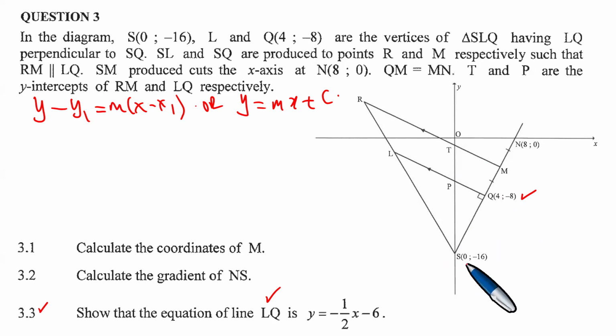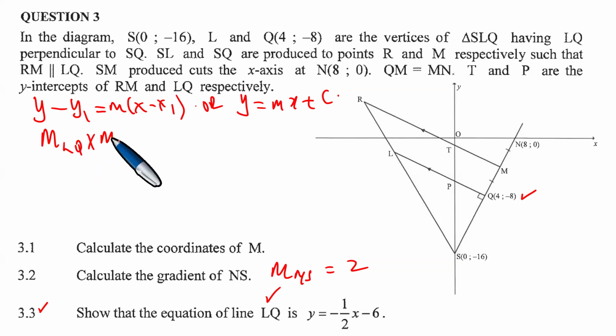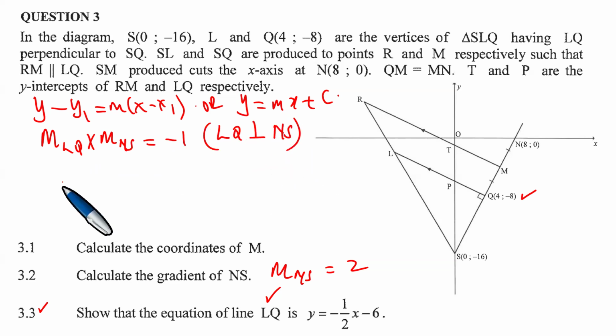We already know, for instance, the gradient of the line NS, and the gradient of NS is 2. So in the end, we say the gradient of LQ times the gradient of NS is -1, which means LQ is perpendicular to NS.